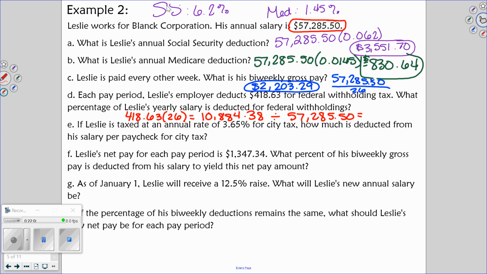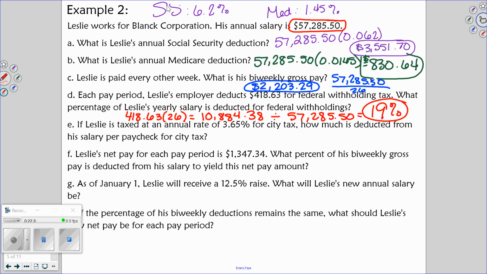Tyler? You could do that. I just want to prove the point, though. Be careful if it's talking yearly versus pay period. Okay. So that's 19%. Questions so far?